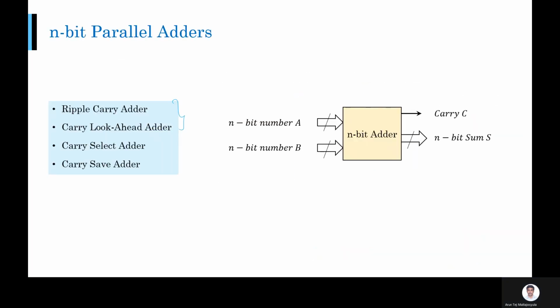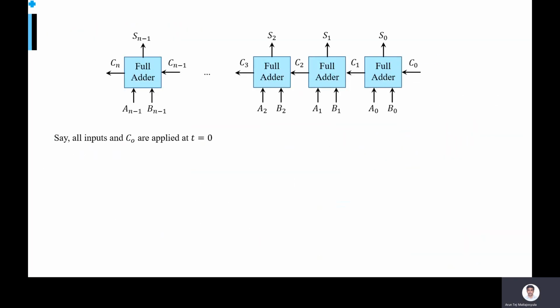Okay. So those full adders are now kept in sequence here. So C1 will take 2 TP. This is at t equal to 0. So after 2 TP, C1 will come. After 3 TP, S0 will come. Delay for C2 therefore will be another 2 TP later, right? So these are all available at t equal to 0. Only problem is this carry is not available.